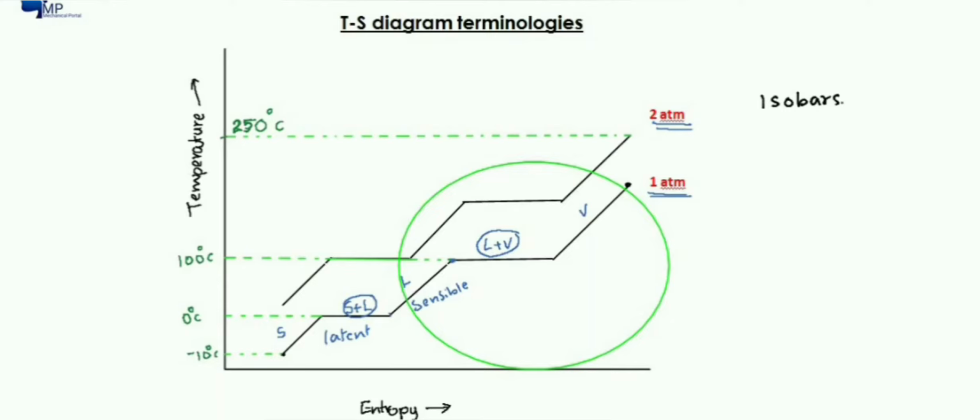Isobars are thermodynamic processes where pressure is kept constant. See this curve from minus 10 degrees Celsius to say 250 degrees Celsius or any temperature. I am increasing the temperature, keeping pressure constant. So this line is known as an isobar. This is another isobar, another process where I have kept pressure constant.